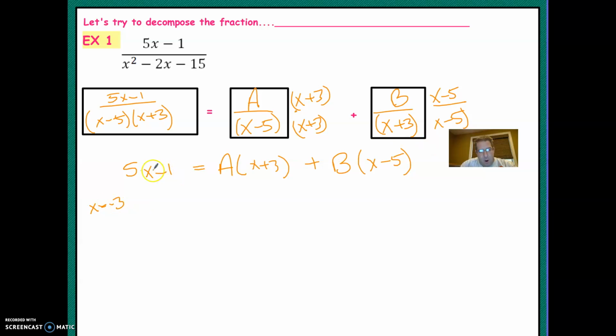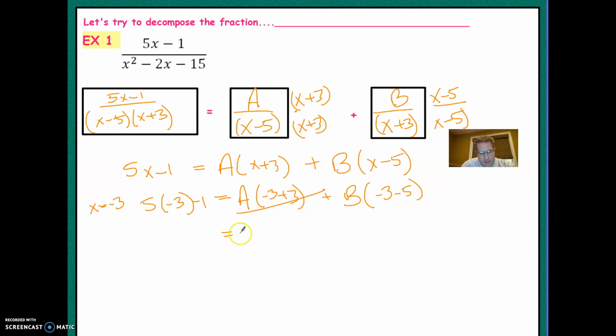So I'm going to have to do the same all the way across. So that's 5 times -3 minus 1 equals. Now if this was -3, -3 plus 3 is 0, and 0 times any number, doesn't matter what A is, is 0. So A times -3 plus 3, that's going to be equal to 0, as we just said. And then B times -3 minus 5. All right, so we already said this gets wiped out.